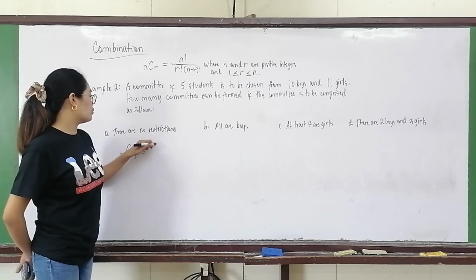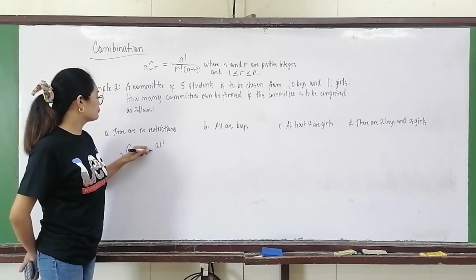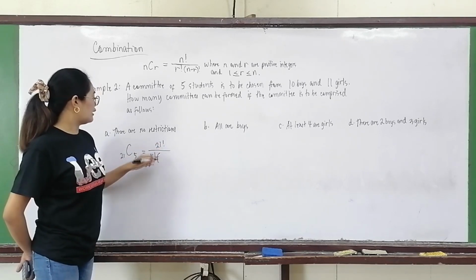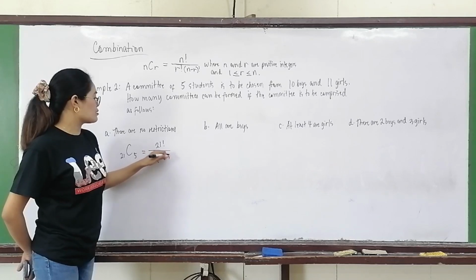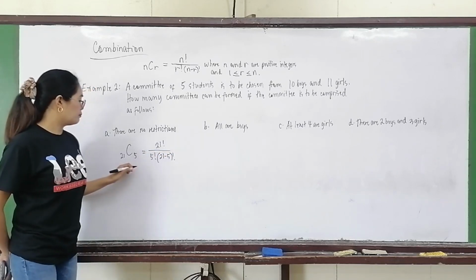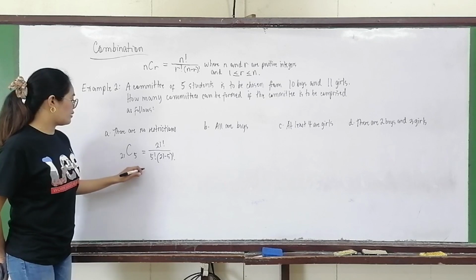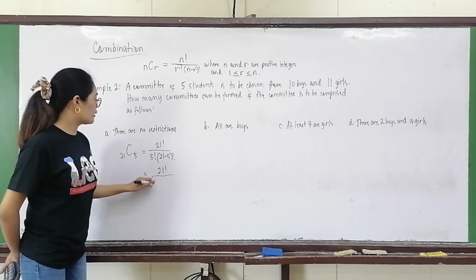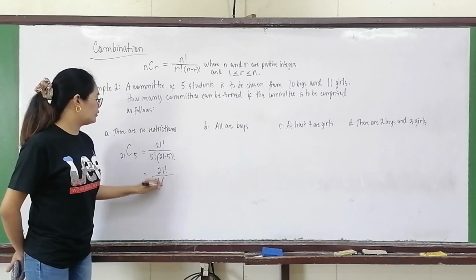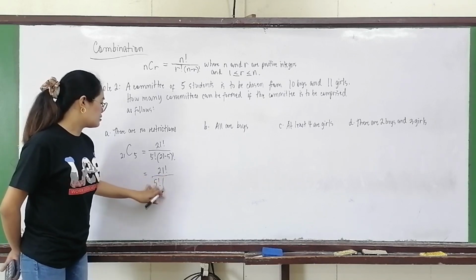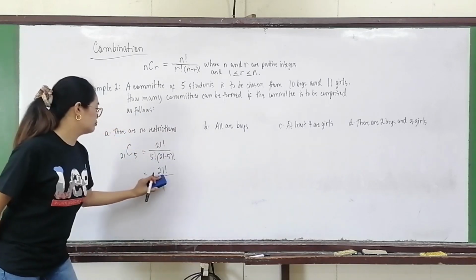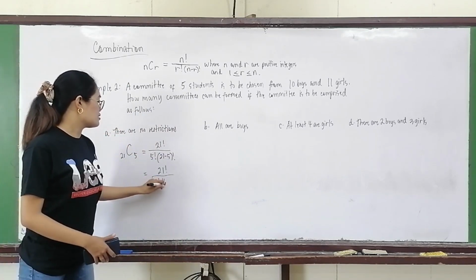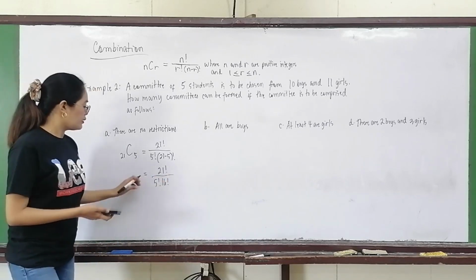Equals 21 factorial over 5 factorial times 21 minus 5 factorial. This then gives us 21 factorial over 5 factorial times 16 factorial.